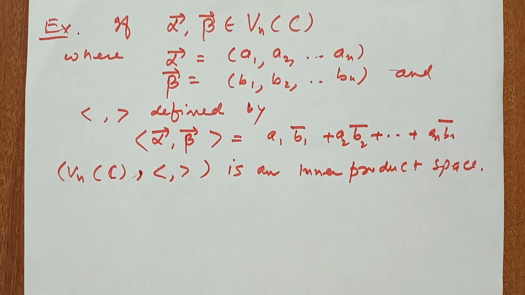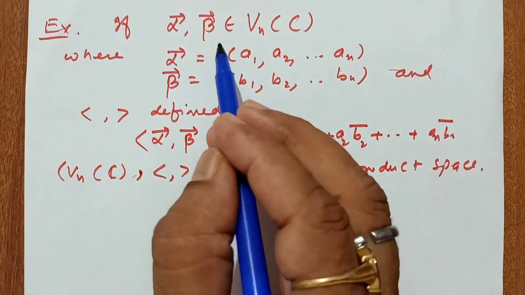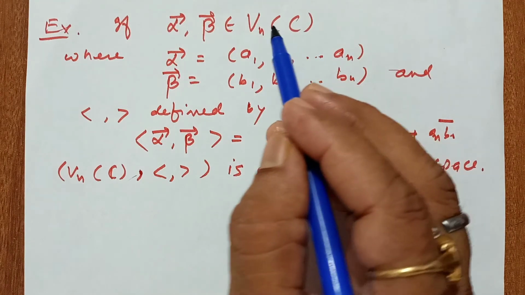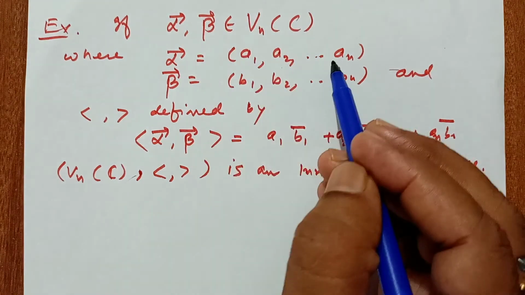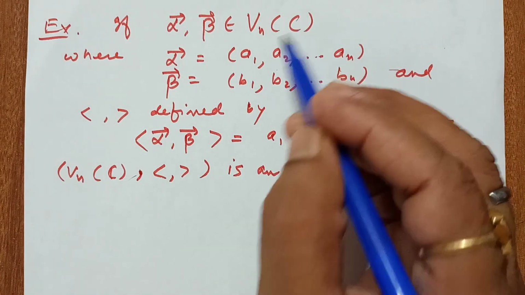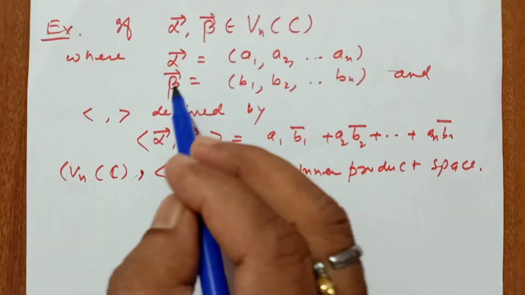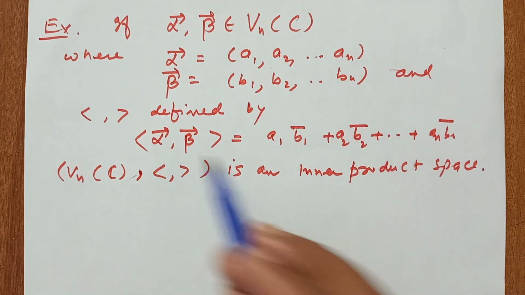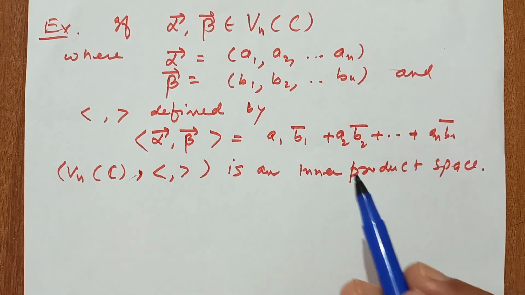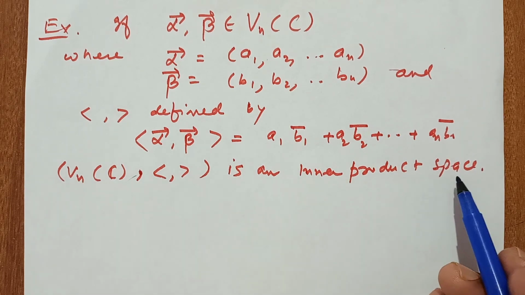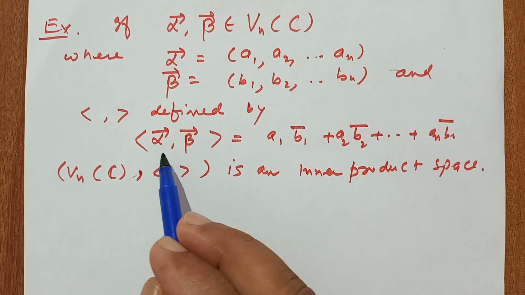Now, one example of an inner product space. If alpha, beta belong to V, and C^n means vectors of n-tuples in the complex plane, meaning the field is the set of complex numbers, and alpha, beta are defined this way, and the function of alpha, beta is equal to this, then we have to show V over C is an inner product space under this given function.